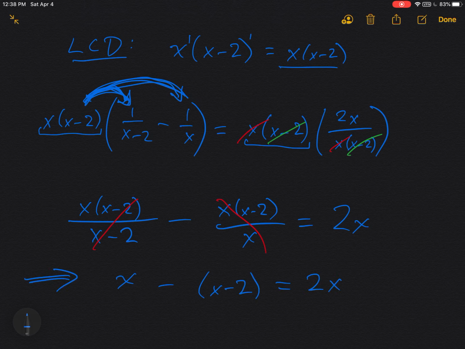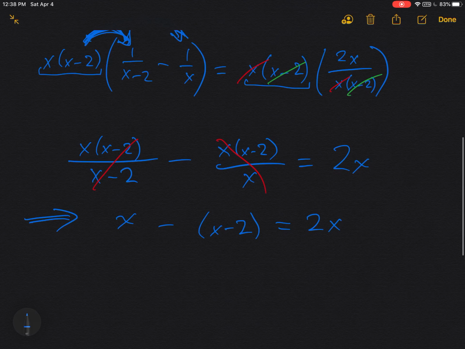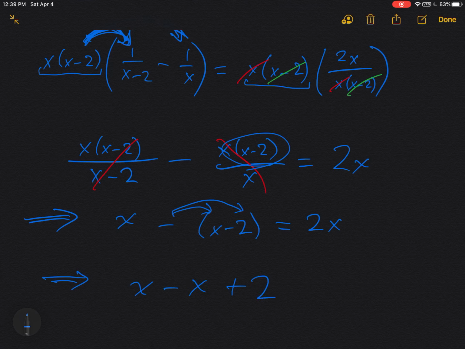So that's what we get after just cleaning up the above line. Now notice that this minus sign that's sitting between these two terms does apply to the entire right side term. So we will need to distribute this minus sign, and that would give us an x minus an x plus a 2 is equal to 2x.